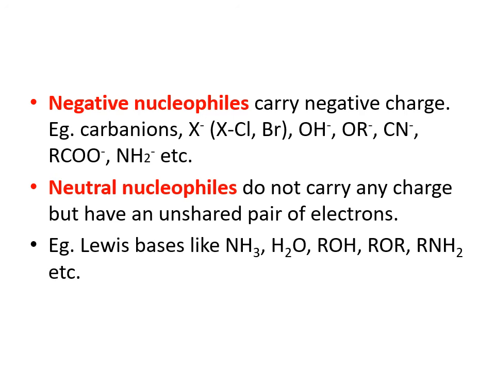Example, reactive intermediates carrying negative charge on carbon, that is carbanions, then halide ion, OH minus, OR minus, CN minus, RCOO minus, NH2 minus, etc. are examples for negative nucleophiles. And neutral nucleophiles, usually they carry unshared pair of electrons. And Lewis bases like ammonia, water, alcohols, ethers, amines, etc. are examples for neutral nucleophiles.